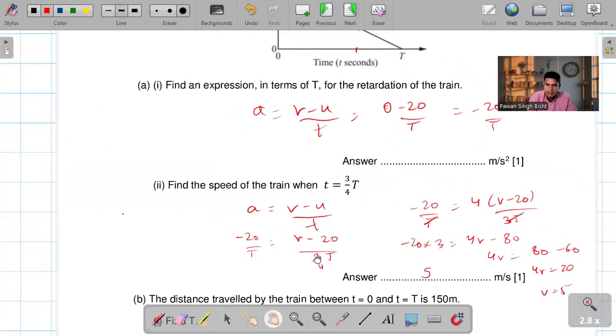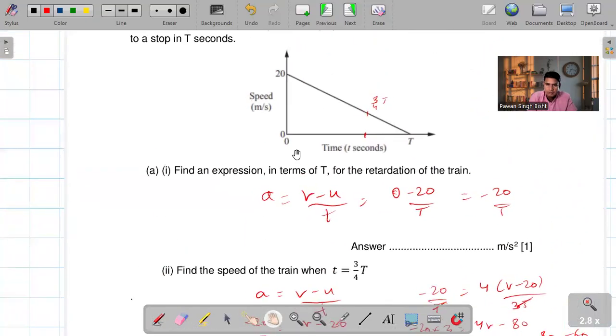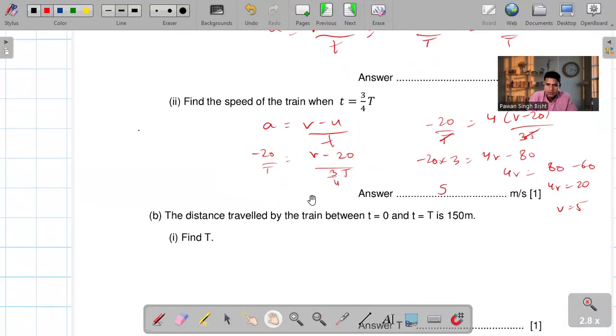Distance traveled by the train from 0 to t is 150. Find t. Now you see this is a triangle forming. So to find the value of t, we find the area of the figure. Distance traveled is equal to the area of the figure, which is half base times height. Distance traveled is already given, 150.